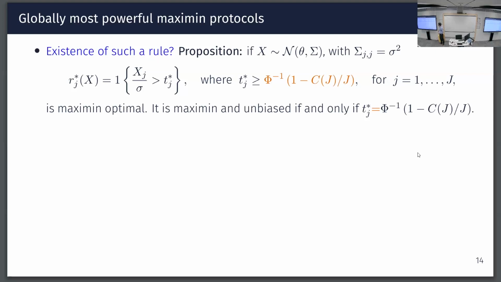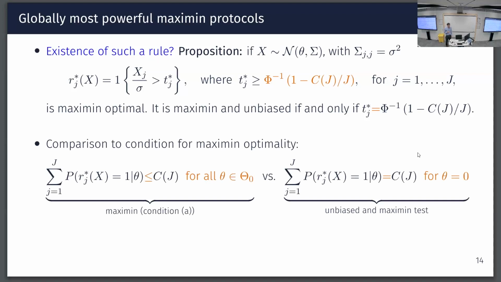And now in this framework, the optimal solution is gonna be a t-test where the threshold will depend on the cost of the experiment. And so the class of max-min solutions will require that the threshold is sufficiently large relative to the cost of the experiment. And if I also want an unbiased test, then the optimal solution is gonna set the threshold to be exactly equal to the size, which itself depends on the cost of the test.